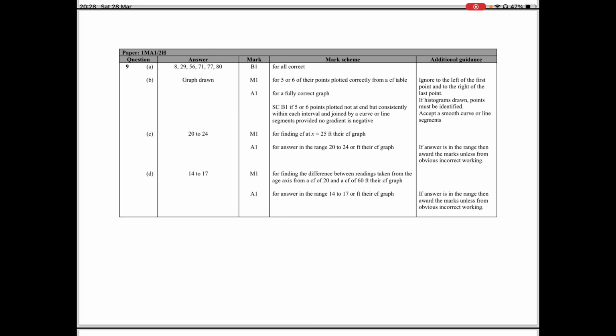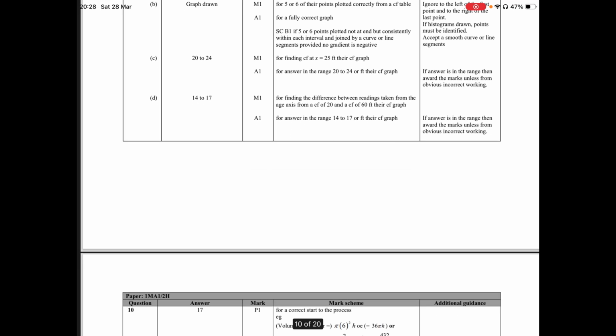I think with 9b here, best way to mark 9b is by just sort of rewinding back to my graph. Yeah. Okay.